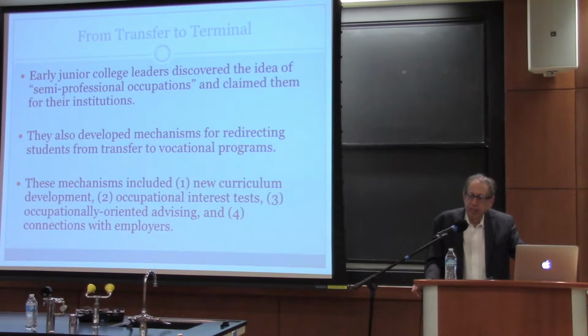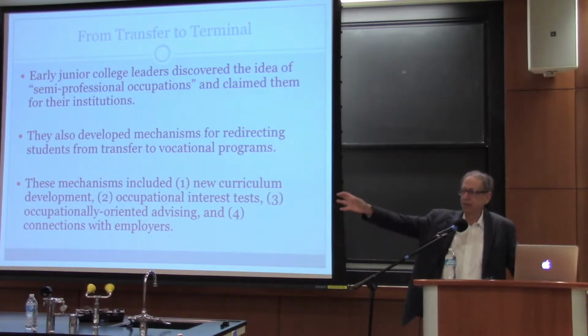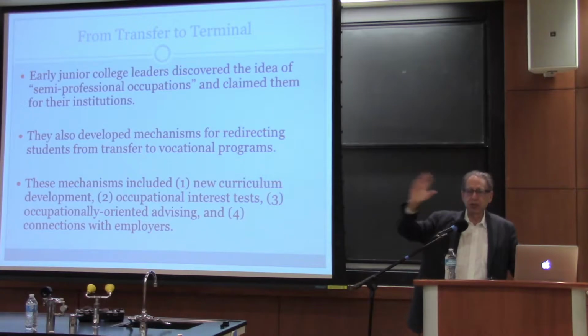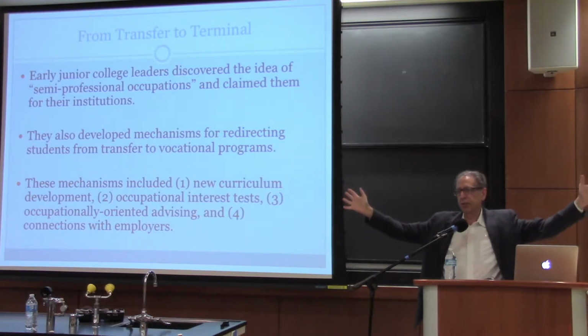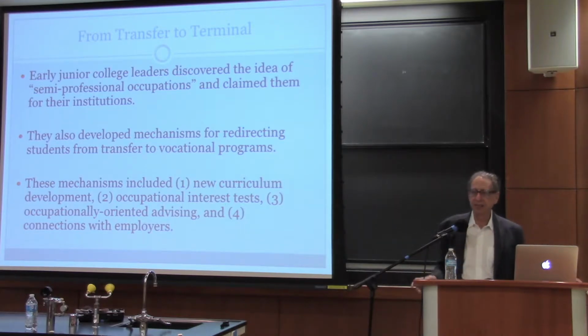And then, of course, they tried to develop connections with employers so that the students in these curricula would have opportunities to get jobs. So this whole structure didn't come out of nowhere. It was developed out of the minds of people like Leonard Koos, Walter Crosby Eells, and Doak Campbell.